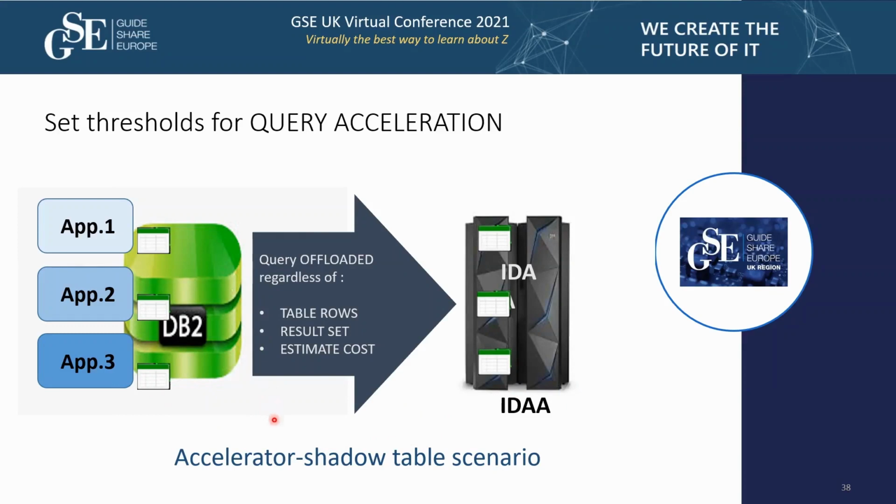If the accelerator is enabled and all the SQL is eligible for acceleration, all the queries that run on those tables are offloaded by default, regardless of the size of the table, the size of the result set that the accelerator gets back, or the value of the estimated cost. So regardless of every kind of parameter, the optimizer runs my query in the accelerator.